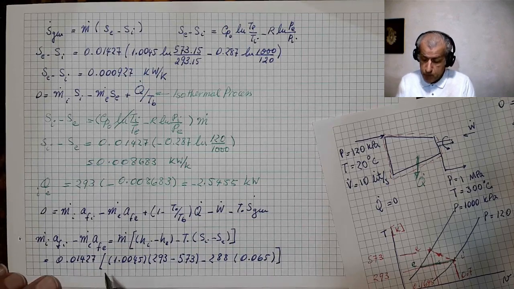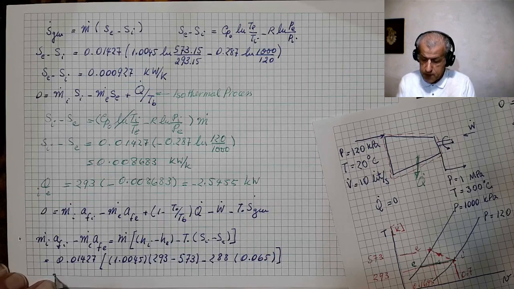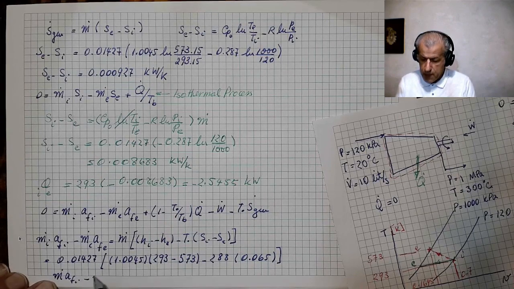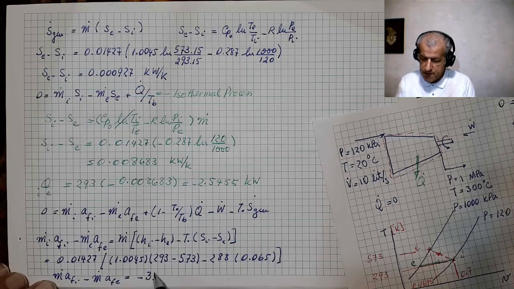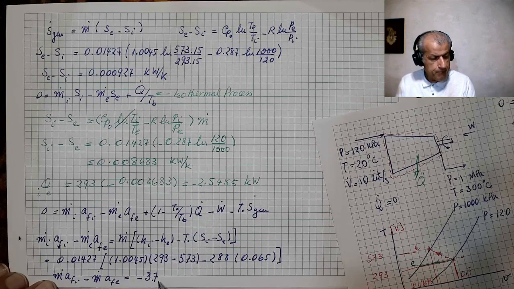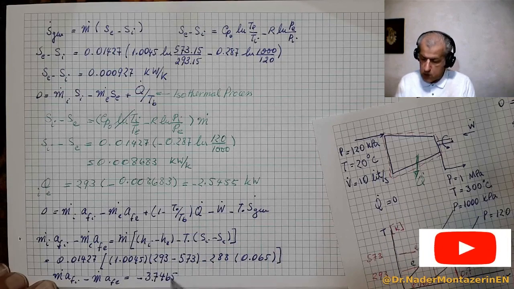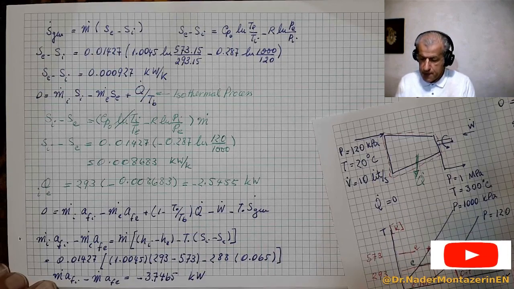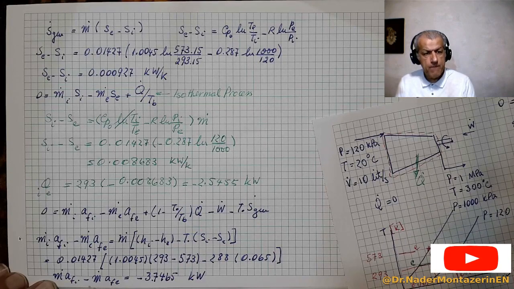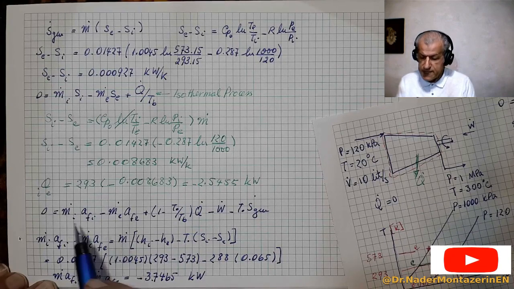And the outcome, m dot times AFI minus m dot times AFE, would be minus 3.7465 kilowatts. Okay, this is the value for this term.